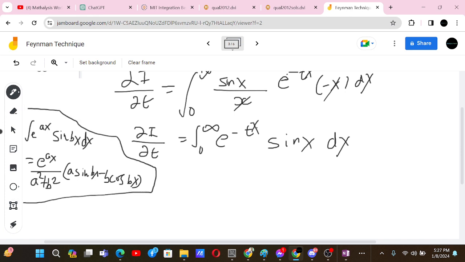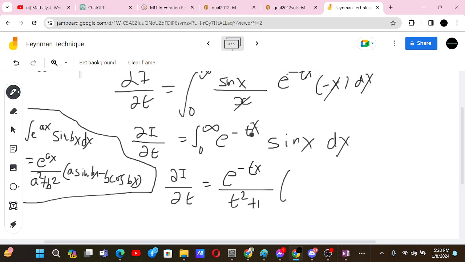Now we will try to use that formula over here in this problem as well, and that gives us dI/dt equals e to the power minus tx divided by a squared plus b squared. Our a is minus t, so t squared, and b is 1, so plus 1.